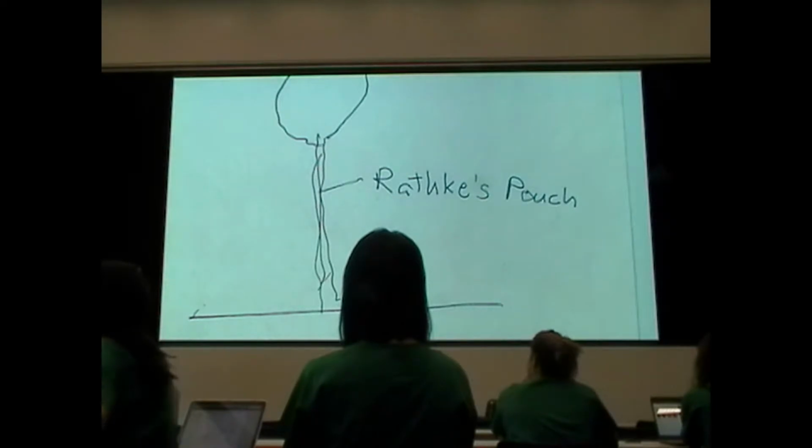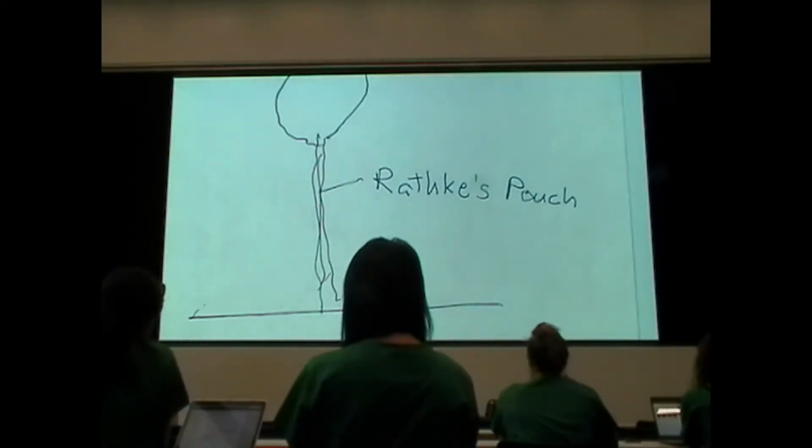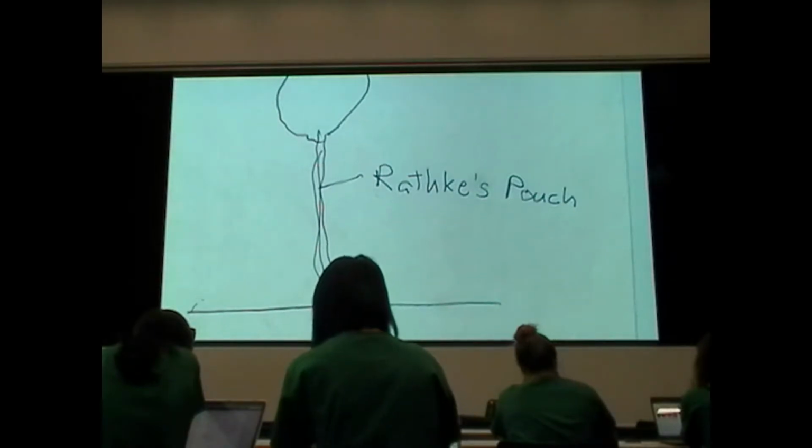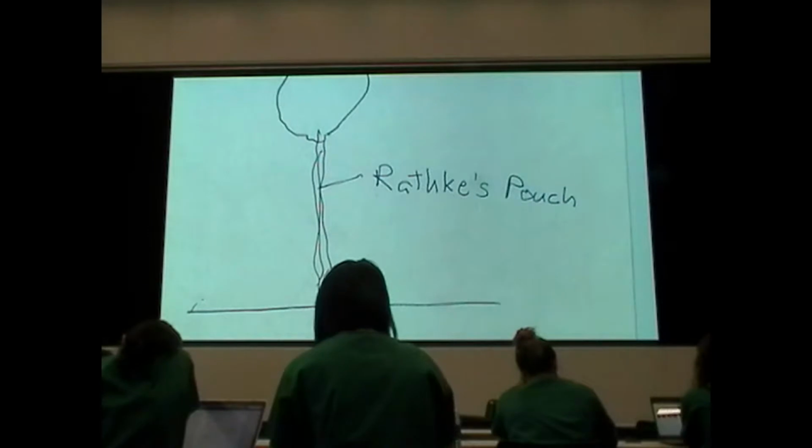And now we have two distinct divisions of this gland. The part that came from Rathke's pouch has a number of names. It is called the pars anterior.